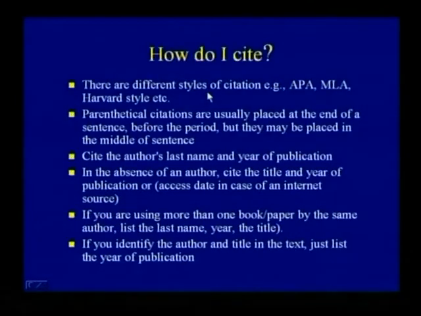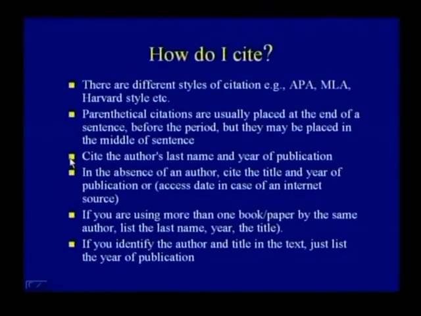There are different styles, just like there were different mechanisms to rank journals and conferences. Similarly, there are different mechanisms to cite your in-text documentation. Some of those styles are APA, American Psychological Association. They have their own style. Similarly, MLA or the Howard style.